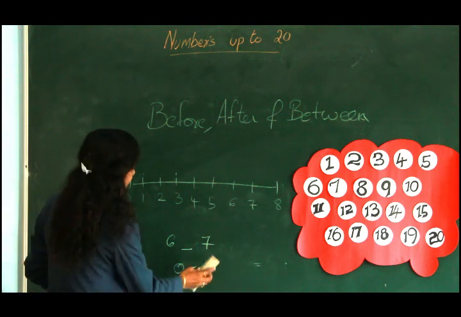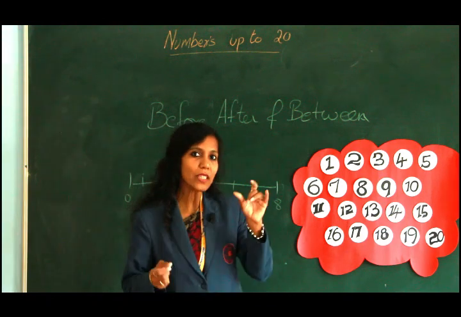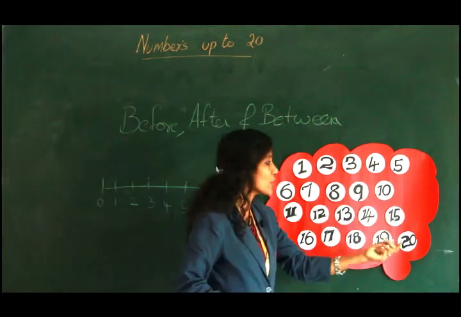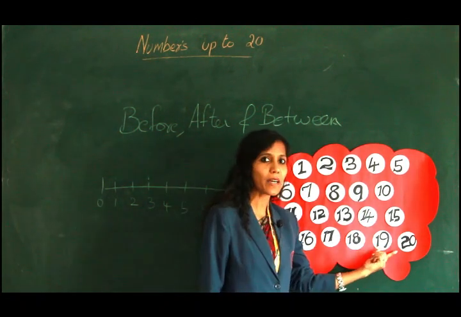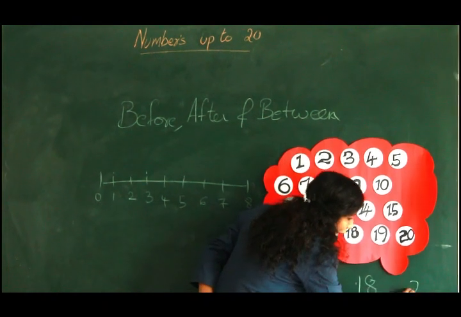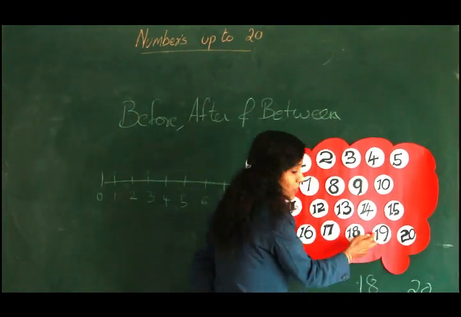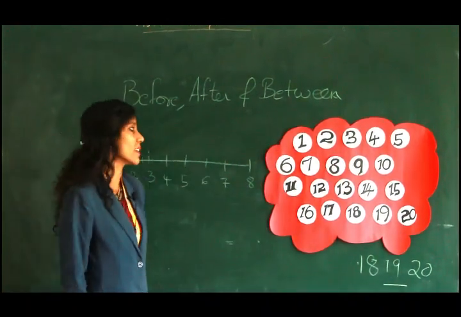Going for between numbers. A between number is a number which comes between two particular numbers. Now taking 20 and 18, tell which is the between number? Right, 19. So between 18 and 20, we have one more number which is 19.